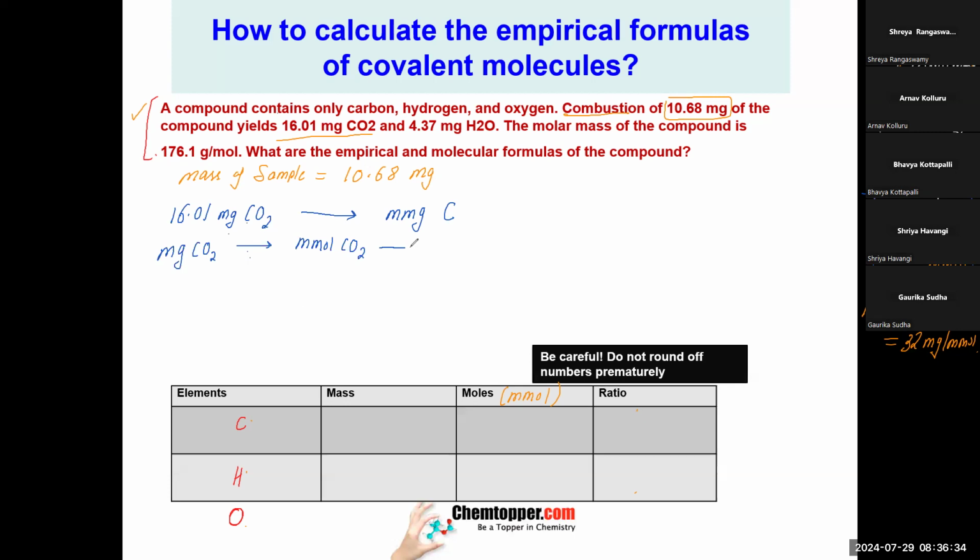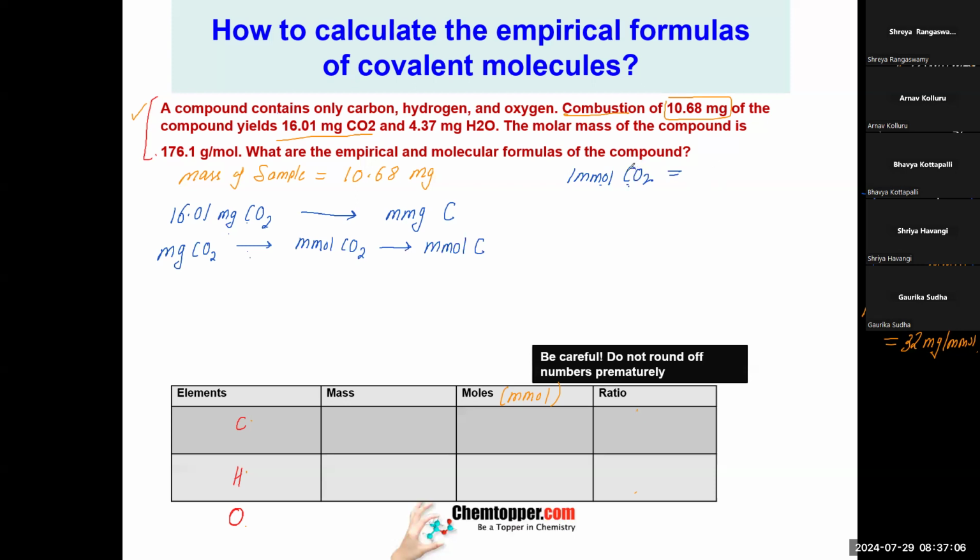Then from millimoles of CO2, I can go to millimoles of carbon. So in 1 millimole of CO2, look at the formula. This is the molar ratio. In 1 millimole of CO2, how many millimoles of carbon are there? Gorika, how many millimoles?